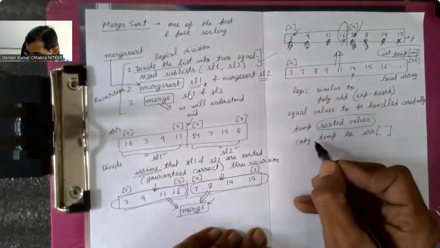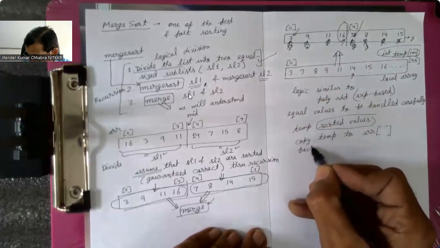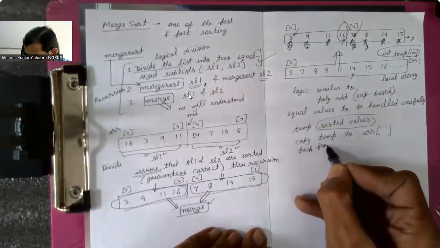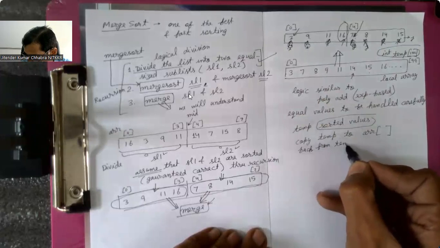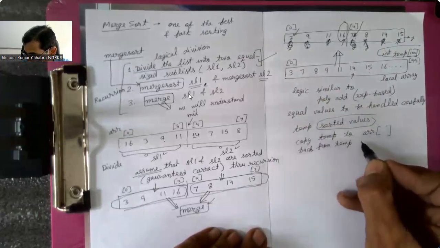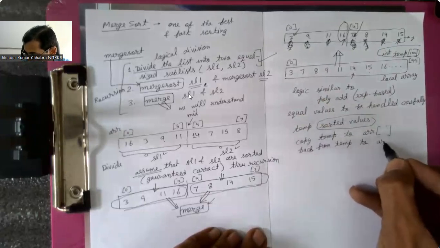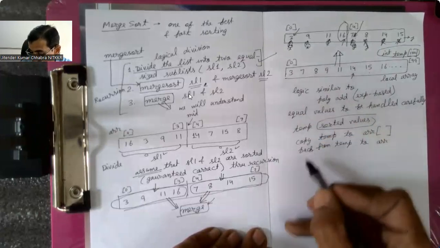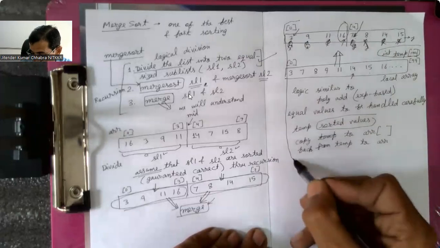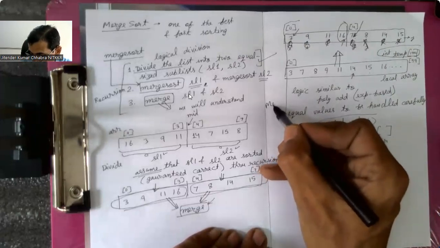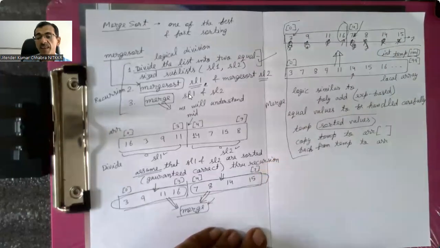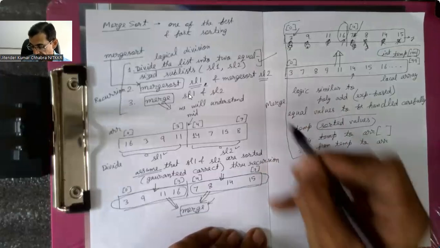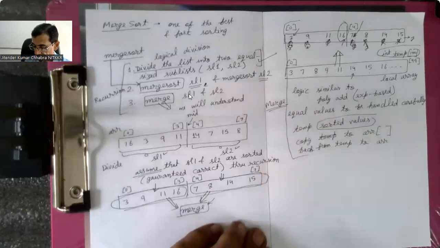So you have to copy back from temp to ARR. That will be the final step, and this overall becomes the merge logic. So effectively, I have to implement the merge logic.